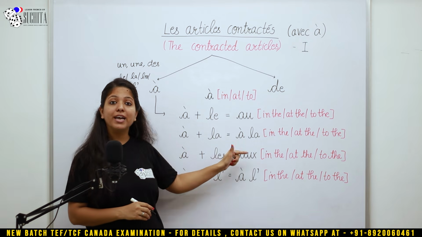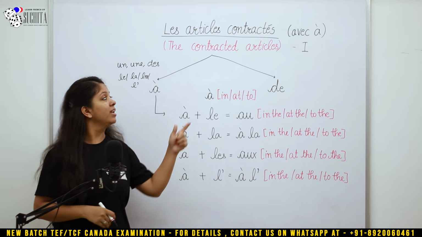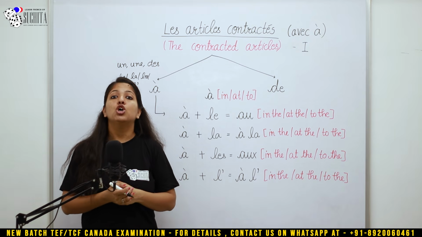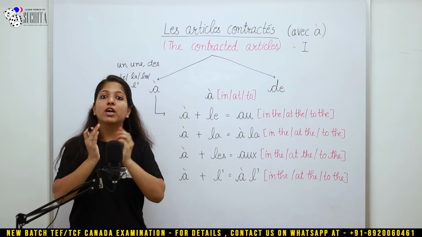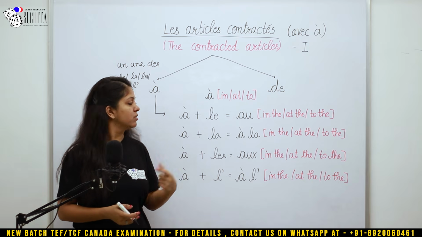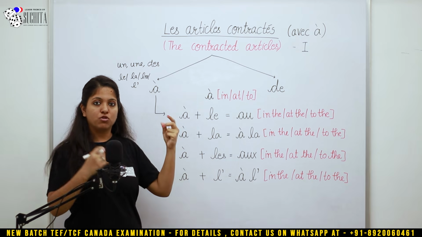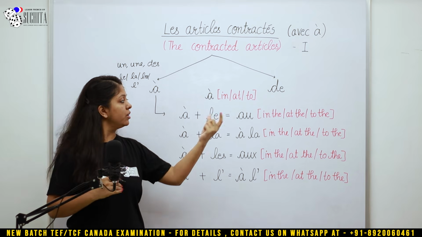And what we get are some contractions that happen, and that is why these articles are known as the contracted articles, because here we are going to have certain contractions. So when you have à plus le, à plus le do not come together.